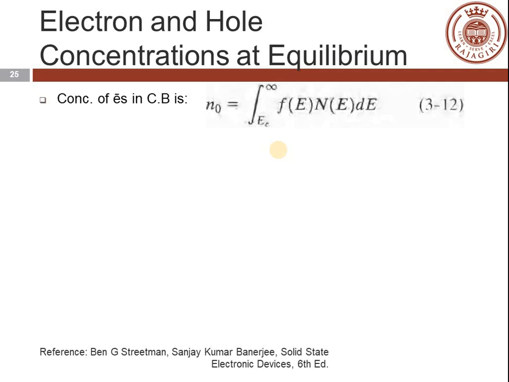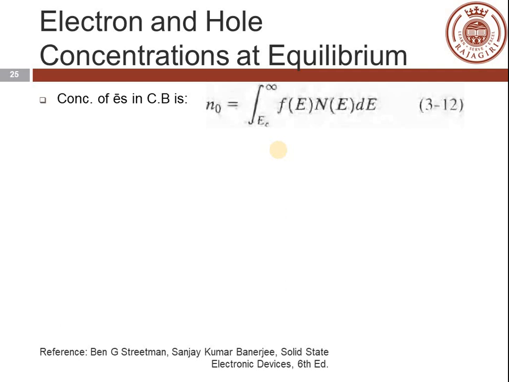To picturize the conduction band, valence band, and the levels, the concentration of electrons in the conduction band, which is n0, is equal to the integral from the bottom of the conduction band, that is EC, to the highest energy, which is infinity. So integral EC to infinity, f of E into n of E dE.